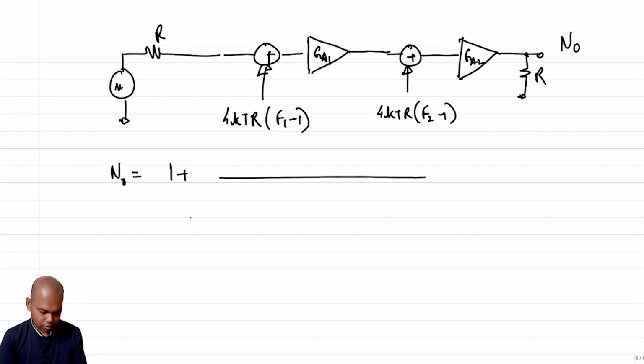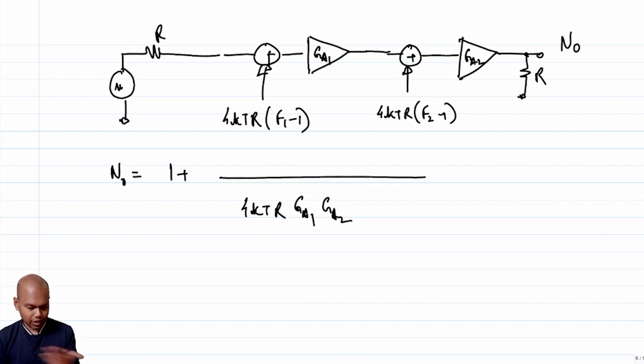Now what is the noise due to the source? Noise due to the source is 4KTR times GA1 times GA2, correct? And what is the noise due to everything else?